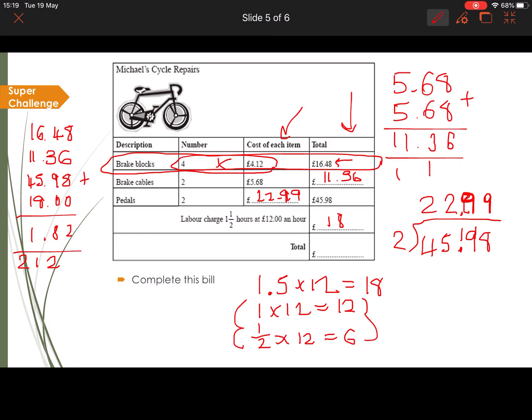And finally, 1 plus 1 is 2, plus 4 is 6, plus another 1, 7, plus 2 is 9. So the total is £91.82. Wow, that is worth a lot of marks if you can do that. And even if you can only do part of that, you can still get several marks for your efforts.